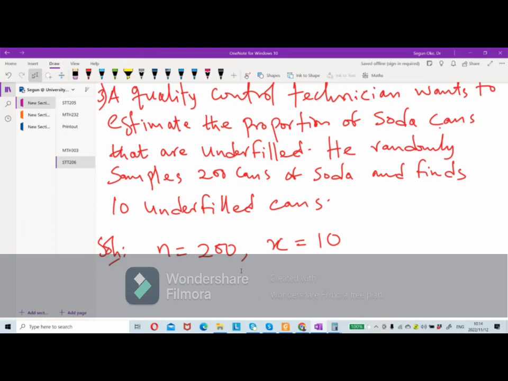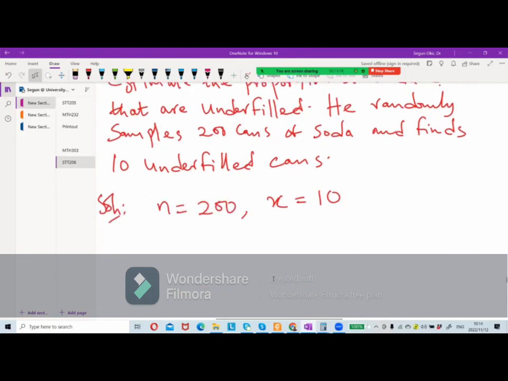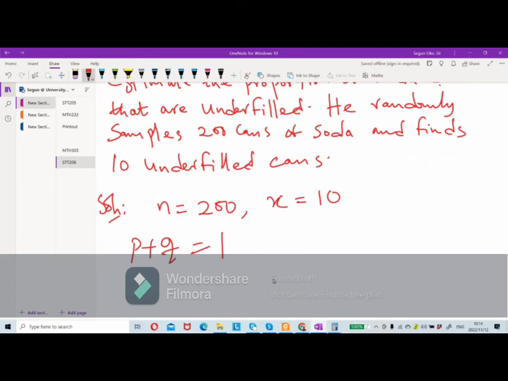Let's continue. So for us to know our P, remember that from the probability, you have P plus Q equals 1. That is, the total probability is 1.